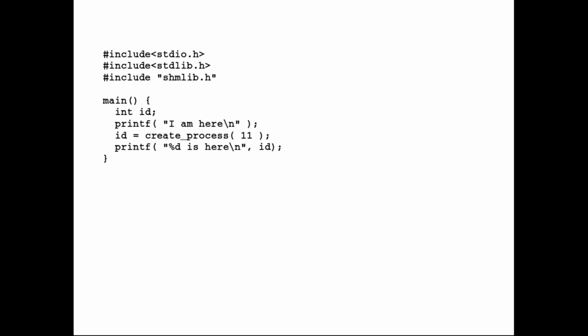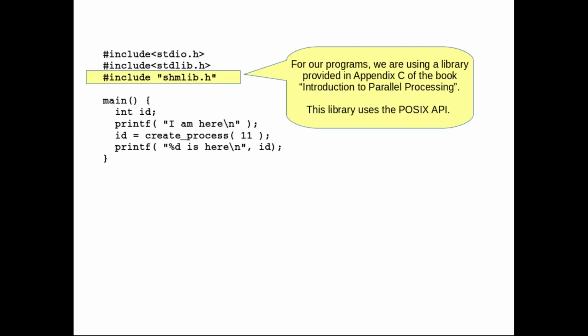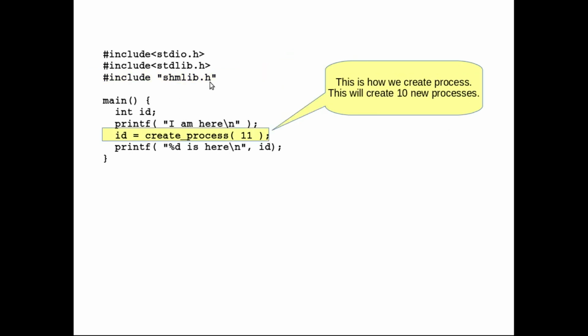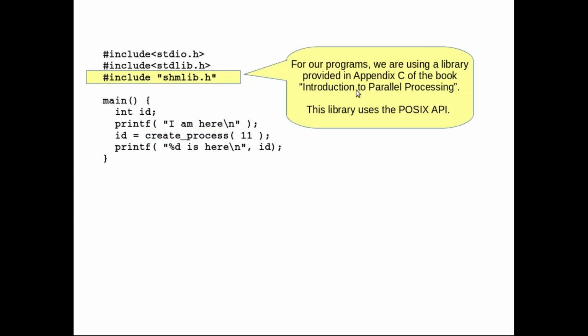So here in this program we are using a library called shmlib.h, and this library is provided in appendix C of the book Introduction to Parallel Processing, and this library has been written using the POSIX API of Unix, which means the programs that we discuss today you will be able to run them in your laptop also if you have, for example, Linux installed.